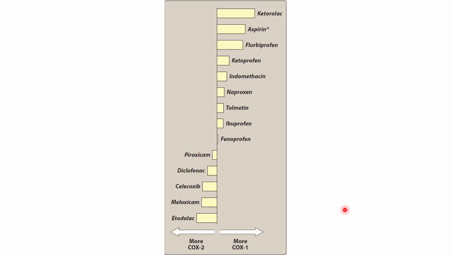And that is why the selective cyclooxygenase inhibitors are much safer, because they only inhibit cyclooxygenase 2, that is responsible for the inflammation. Drugs like celecoxib, diclofenac, meloxicam, and etodolac are selective, and also piroxicam in a lesser way, are more selective for cyclooxygenase 2, especially at low doses.